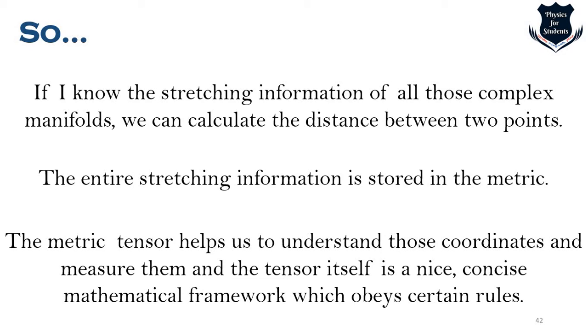That means the transformation of the coordinates from one place to the other is there. The tensor stores the transformational values, and if I know them, then we can calculate any complex manifolds.